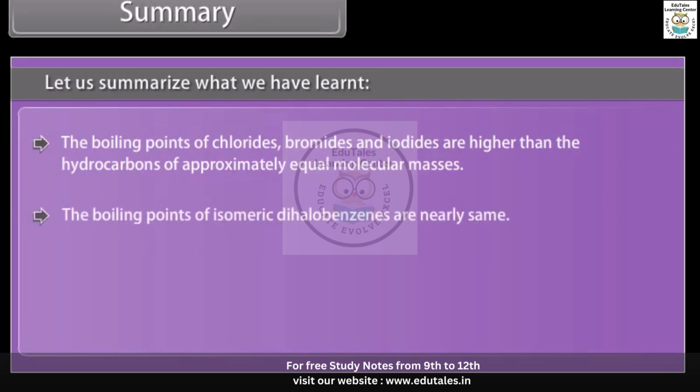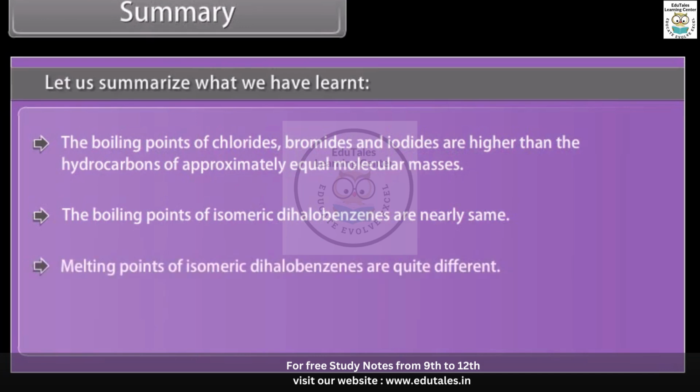The boiling points of isomeric dihalobenzenes are nearly the same. The melting points of isomeric dihalobenzenes are quite different. The haloalkanes are only slightly soluble in water.